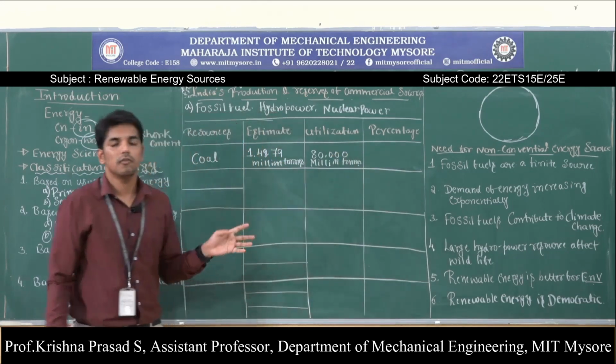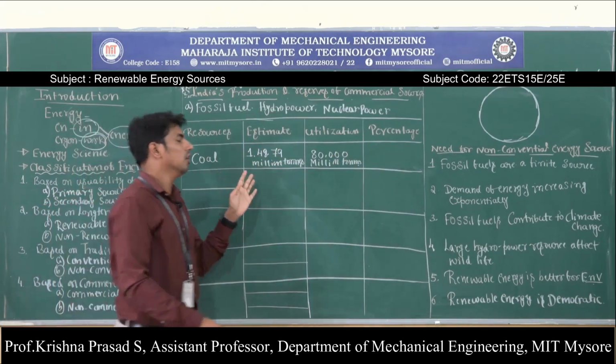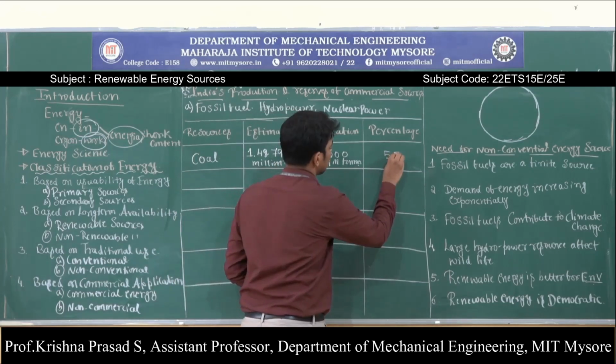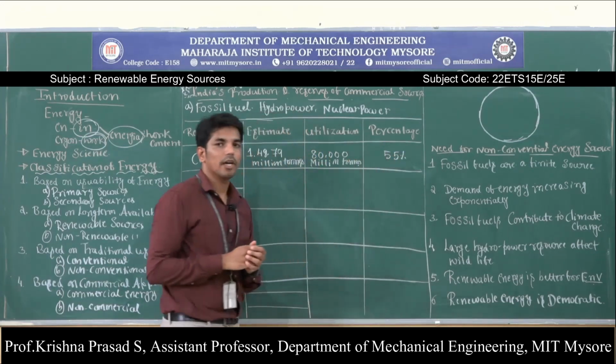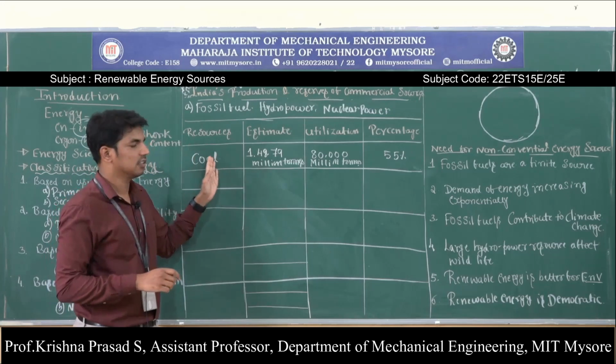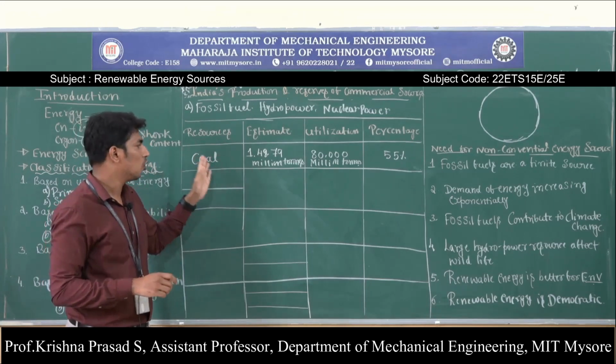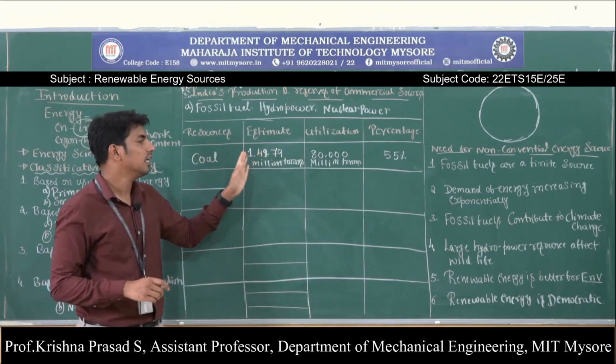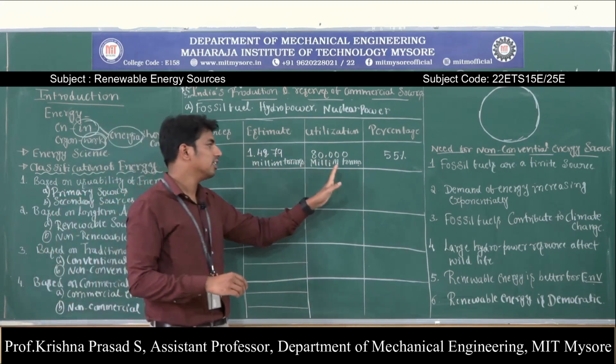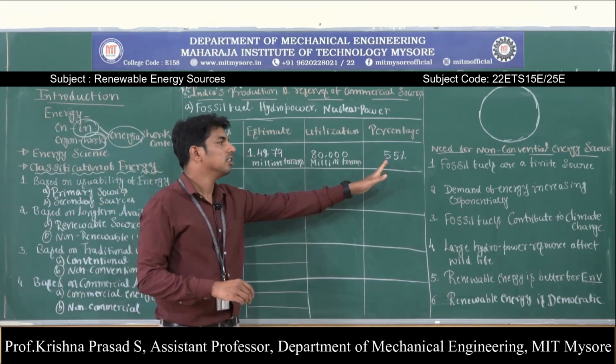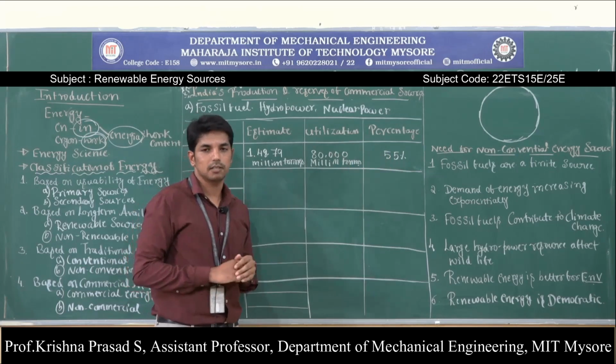That means the percentage of utilization in coal is 55%. So the total recoverable reserves available in India for coal is 1,48,079 million tons, of which we are utilizing 80,000 million tons, a utilization of 55%.